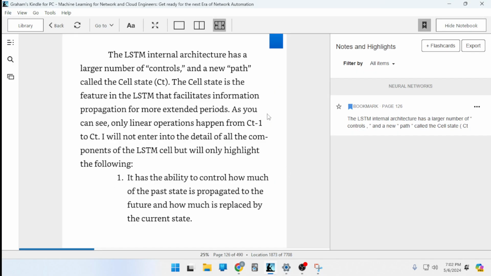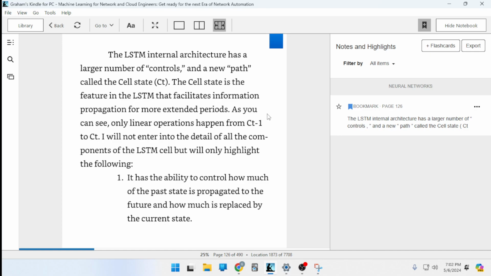Alright, so moving on. The LSTM, which remember stands for long short-term memory, internal architecture has a larger number of controls and a new path called the cell state, C_t. The cell state is the feature in the LSTM that facilitates information propagation for more extended periods.